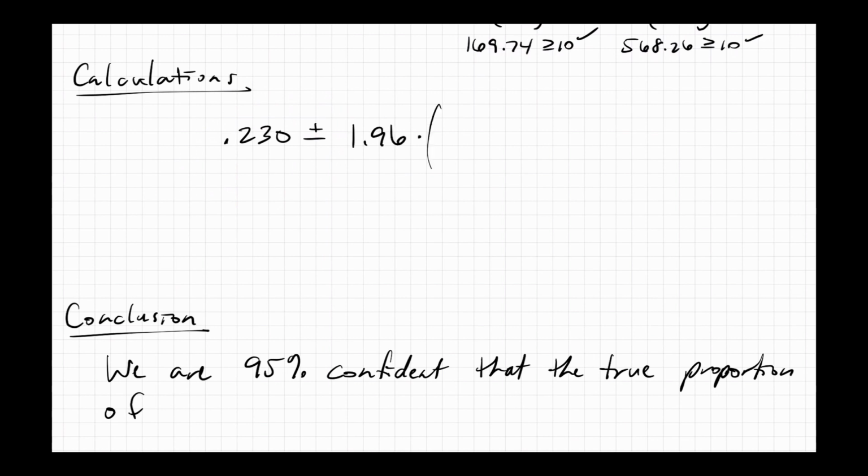Yep, same as the last one because it's the same level of confidence. 95% is usually the most popular one that you'll see. 98%, 99% are very popular too, but 95% is usually the most popular. p times 1 minus p hat, and then 738 on the bottom.